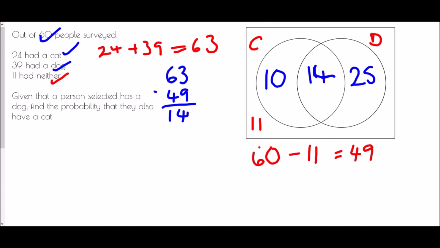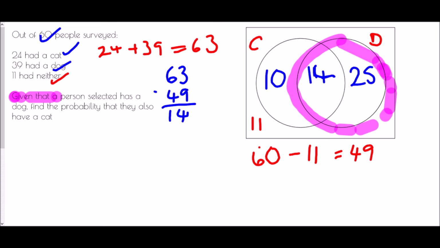Now comes the actual probability question. Given that, and there it is again, that key phrase, given that a person selected has a dog, find the probability that they also have a cat. Because we've been given that they have a dog, we're only interested in the right hand circle, in which case there are 39 people.